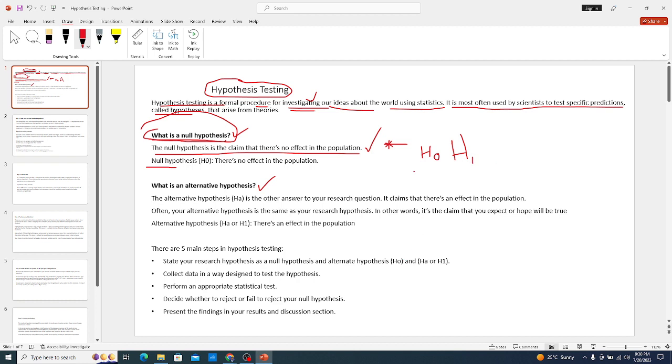Or the null hypothesis can be denoted as theta 0, or theta 1, theta 2, depending on what?